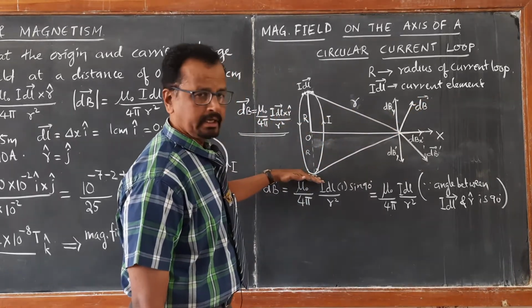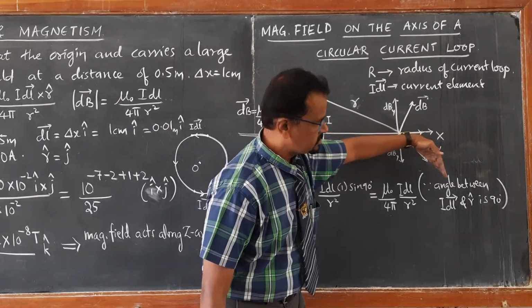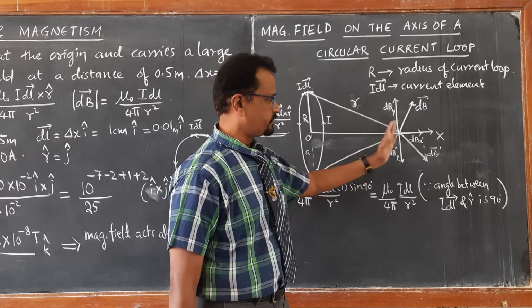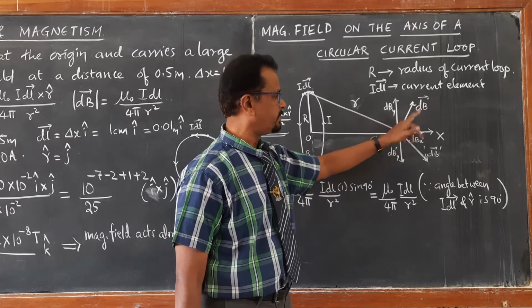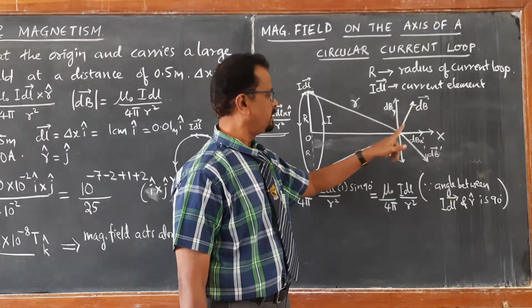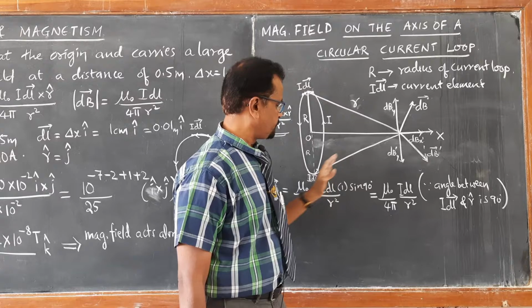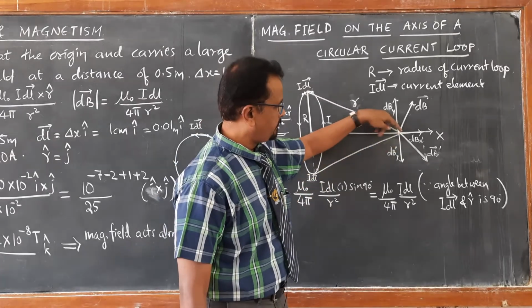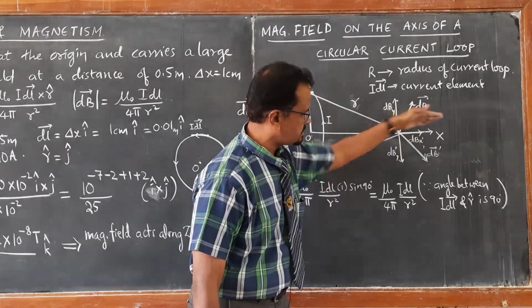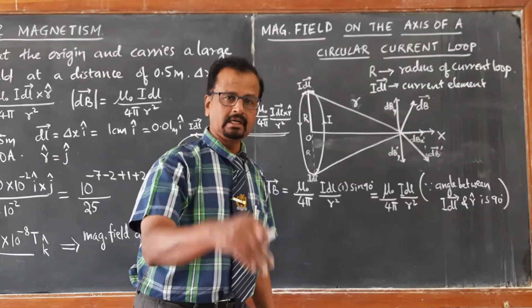Due to the lower current element, the magnetic field is in this other direction. So, if you resolve these components, dBx is along x component, dBy is along y component. Similarly, for this one, dBx is again along x axis in the same direction, dBy you see exactly vertically downwards.